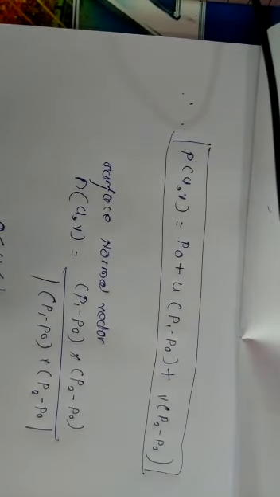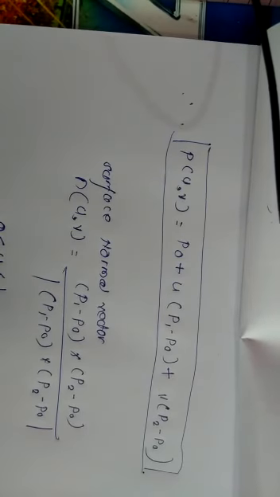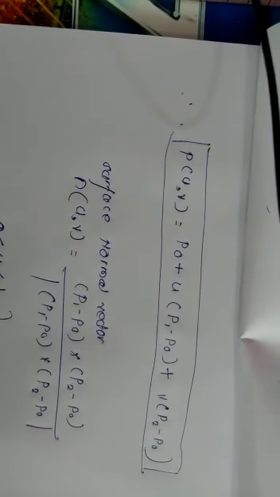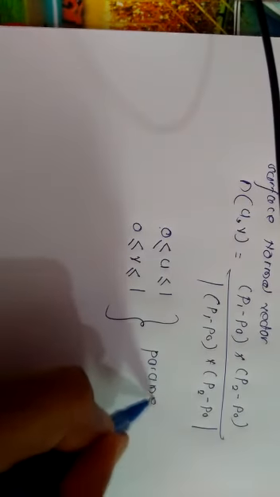U is between 0 and 1, as well as V is between 0 and 1. These are the parameters.